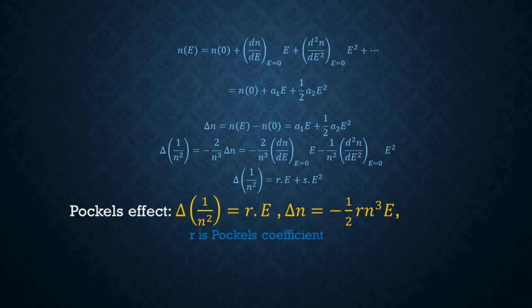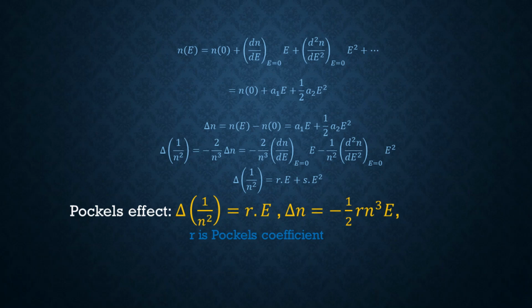So this is the Pockels effect formula, and we can see that delta n, the change in refractive index, is linearly proportional to E, whereas for the Kerr effect, the change in refractive index will be a function of E square.